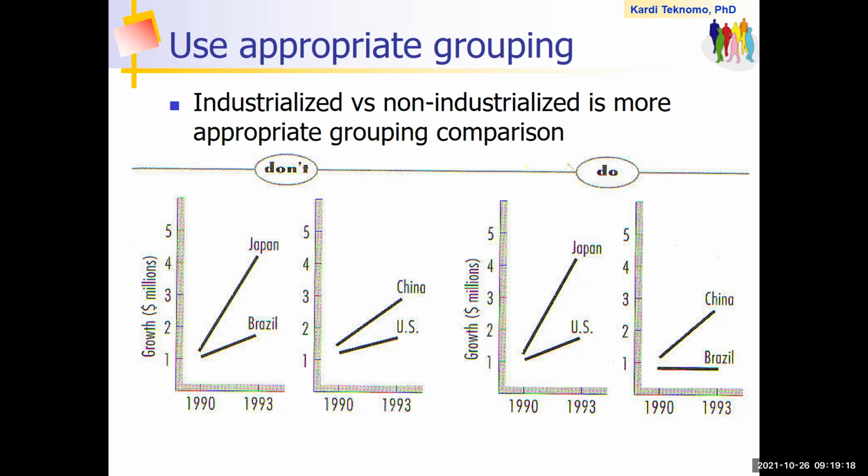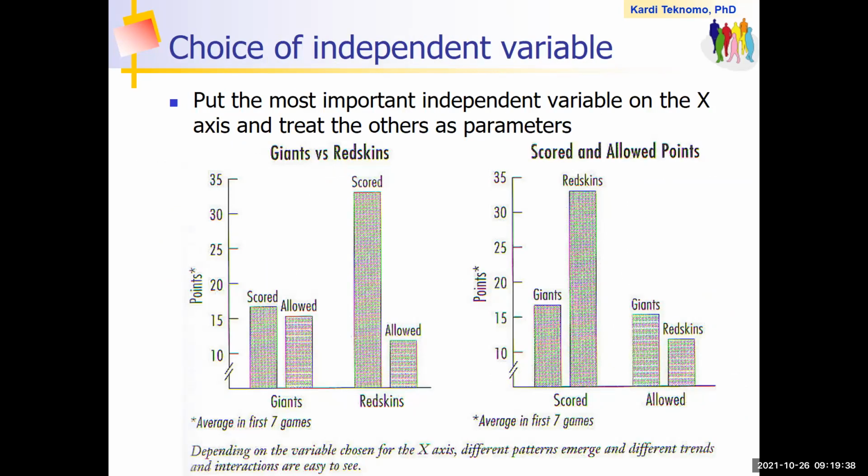At that time probably we'll say Japan and US is industrial nation, and China economy is almost the same as Brazil at that time. Now probably China and US is okay to compare.